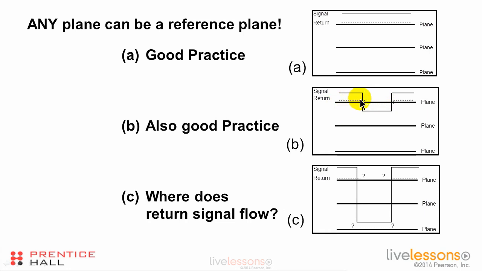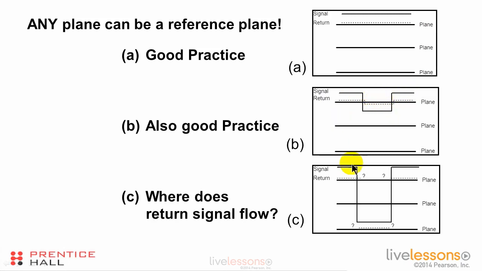The return signal is simply going to transition to the other side of the plane and then back up to this side of the plane again. And we aren't going to lose any relationship because of loss of control of the return current. The return signal is going to be on the plane in either case when we do this kind of transition.